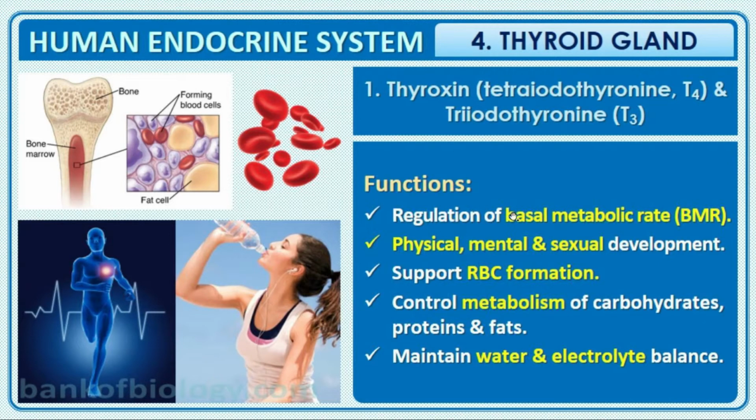Regulation of the basal metabolic rate, physical, mental and sexual development, support RBC formation, control metabolism of carbohydrate, fat and protein, and also maintain water and electrolyte balance. So the thyroid gland is very important in our life.